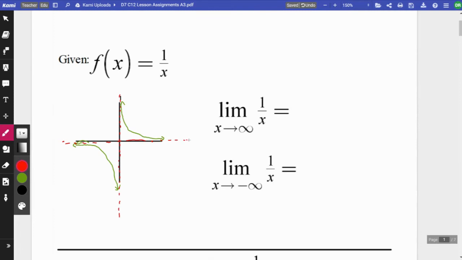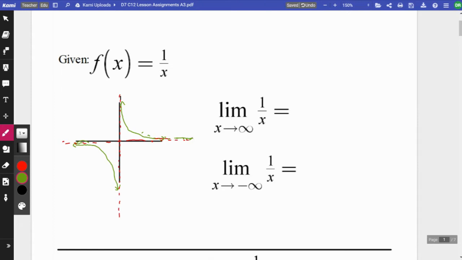As it gets closer to it, it gets increasingly close to it forever as it goes out in either the positive x direction or negative x direction, but it never crosses it.